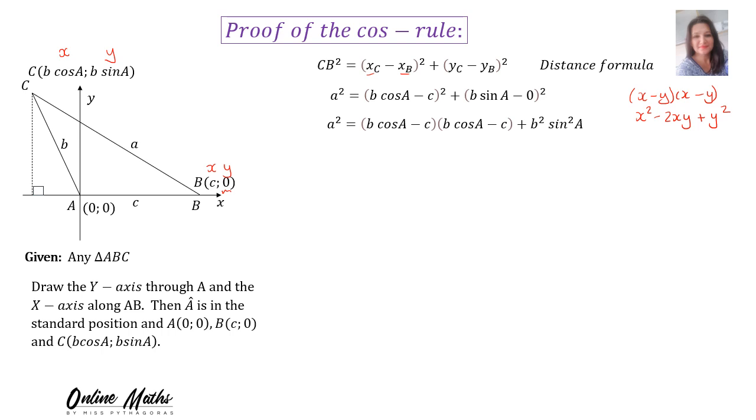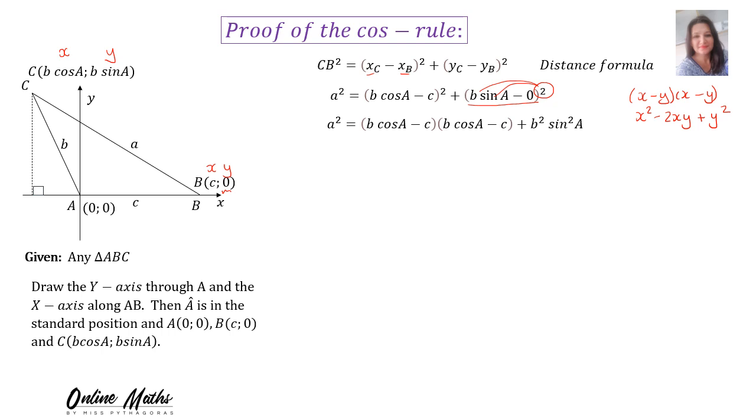What is happening here? b sin A minus 0 stays b sin A, but it's squared, and therefore in the next step you give the square to the b, so it becomes b squared, and you give the square to the sin, so it becomes sin squared A.